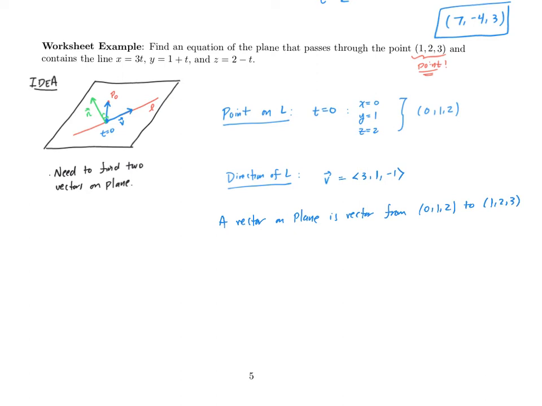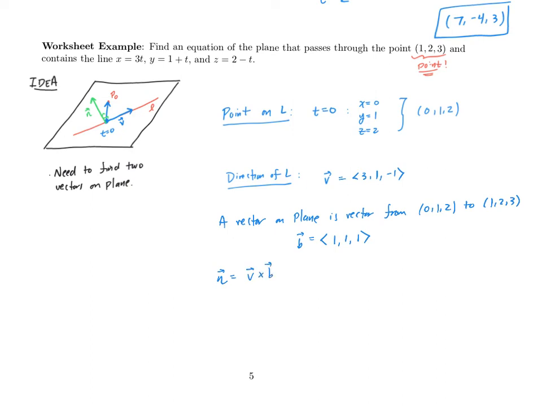And just to give it a name, let's call that vector b. So if we're at (0, 1, 2), I need to go 1 in the x direction, 1 in the y direction, 1 in the z direction to end up at the point (1, 2, 3). So a normal vector to our plane would be the vector v crossed with b.